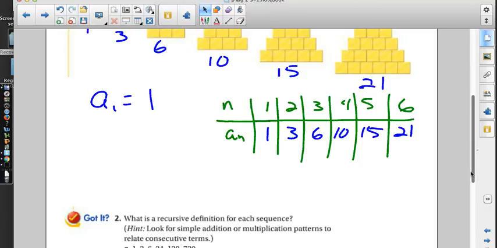Look at the table for a little bit. Remember the numbers are going up. Think adding, think multiplying. Everybody see it?